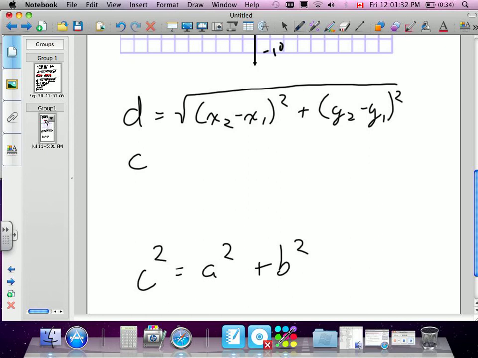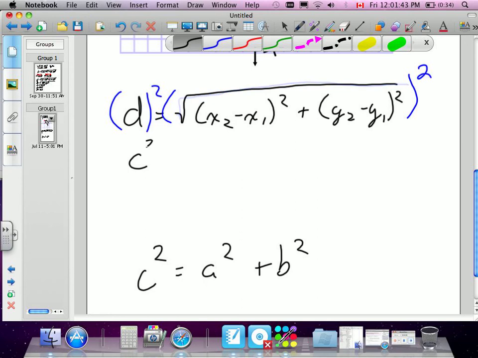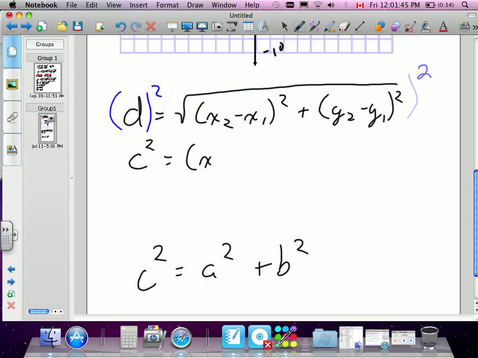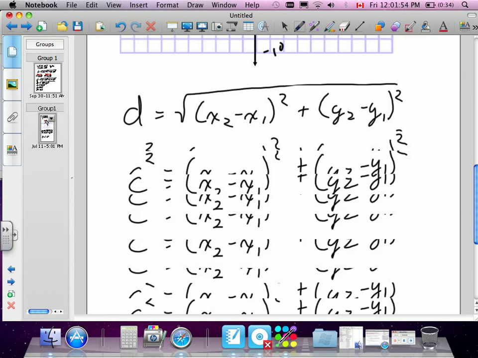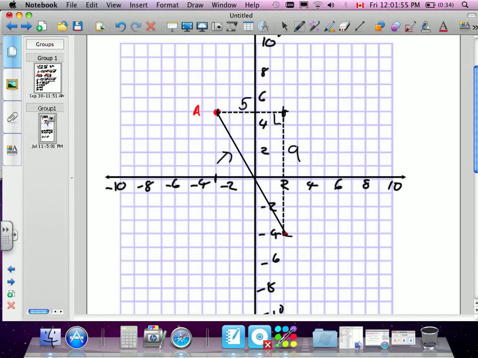I have to square both sides. Okay? So when I square both sides, I end up with c squared is equal to (x2 minus x1) squared plus (y2 minus y1) squared. Here is our x1 and x2.